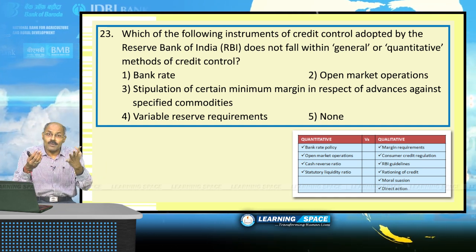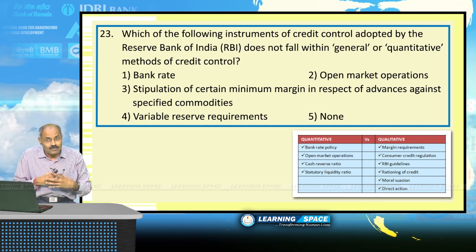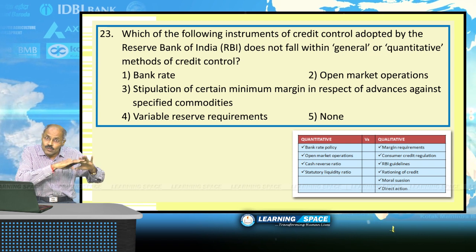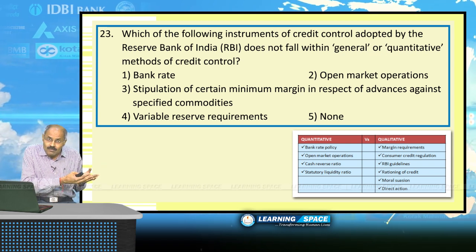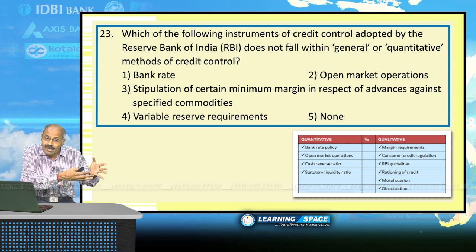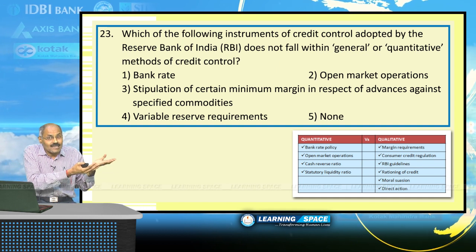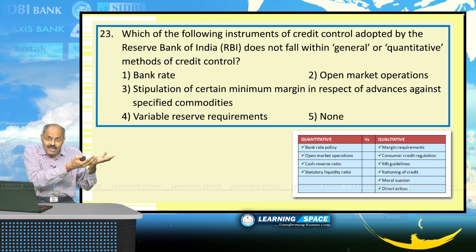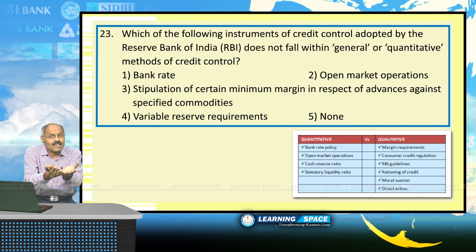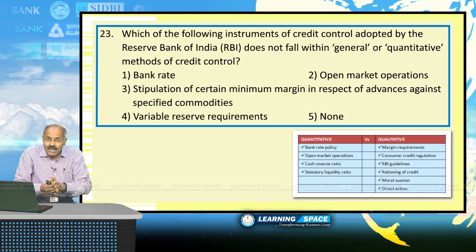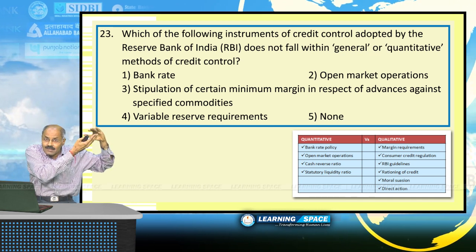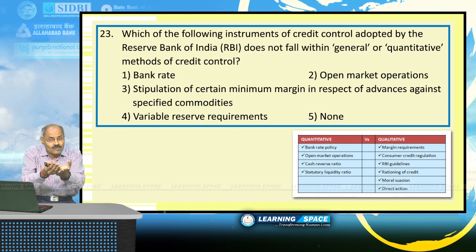What are they? All of you are well aware. The controls exercised by RBI are CRR, SLR. These two are called reserve requirements. What will happen if CRR is increased, if SLR is increased? Money circulation in the market will be reduced. Similarly, when repo rate and bank rate are increased, again money circulation will decrease.